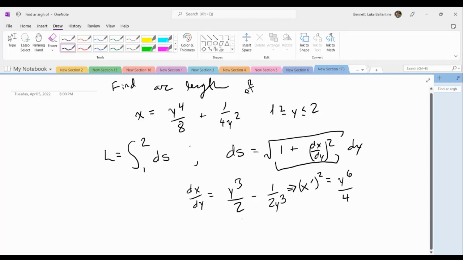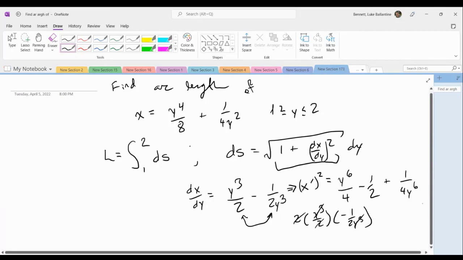And then we have to do twice the product of these two. So that's 2 times y cubed over 2 times negative 1 over 2 y cubed. Well, the y cubes cancel, these 2's cancel, so this is negative 1 half for the inner term. And then we just square the last term to get the last term, 1 over 4y to the 6th.